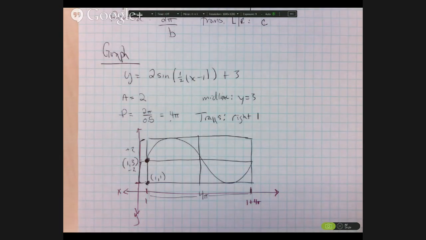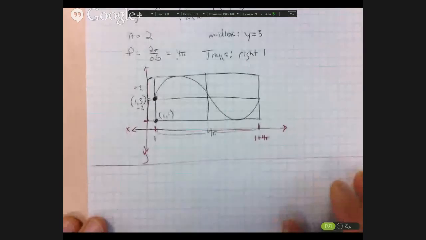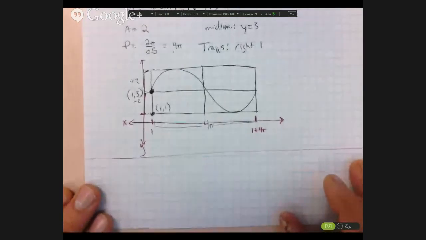Okay, here's one for you on your own right now. If you can do this, we'll be done.